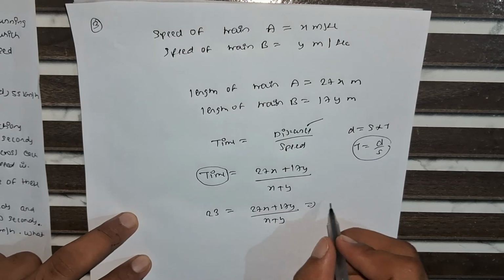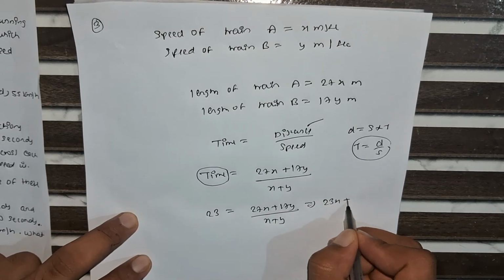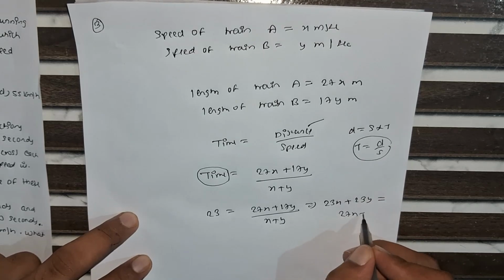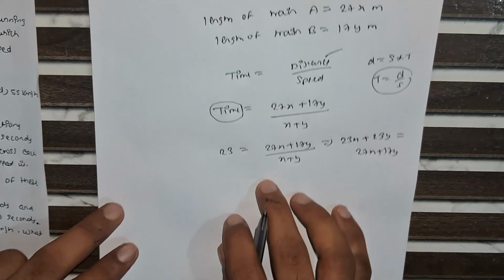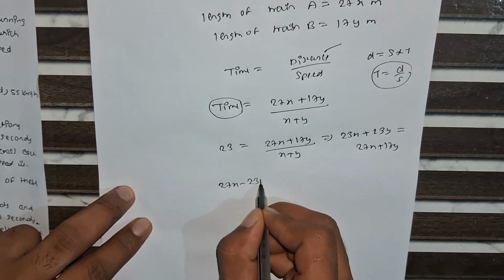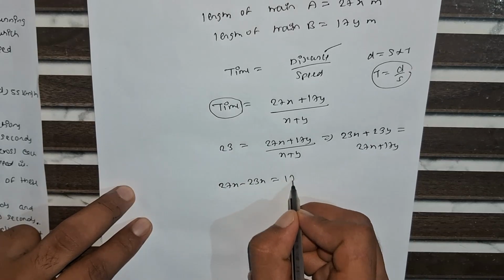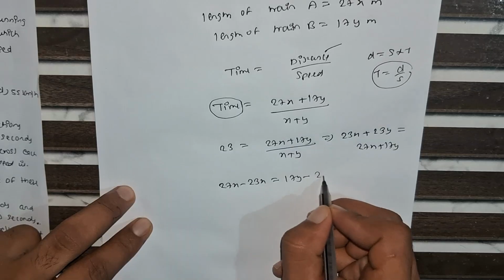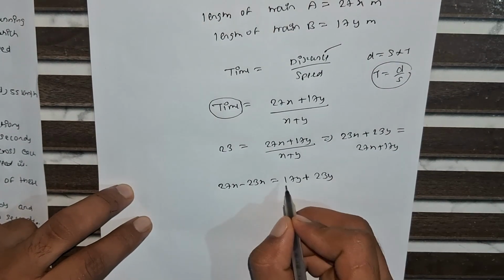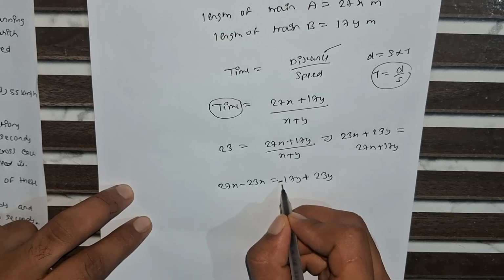When you solve it you will get 23x plus 23y equals 27x plus 17y. So now 27x minus 23x equals 23y minus 17y.